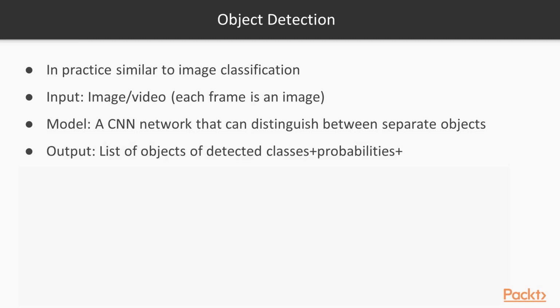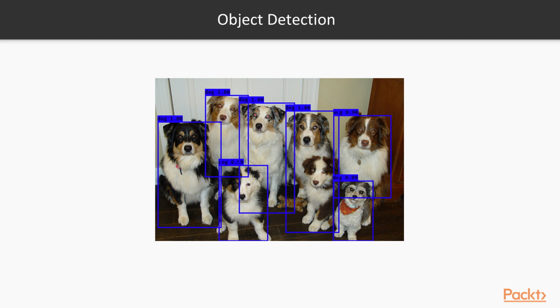We have not only a list of detected classes, distinct objects on an image, with the probabilities that each object belongs to a specific class, we also have their location on an image. As you've seen before, we have those bounding boxes, those locations of the objects. So this is a much more detailed and more complex problem than image classification.